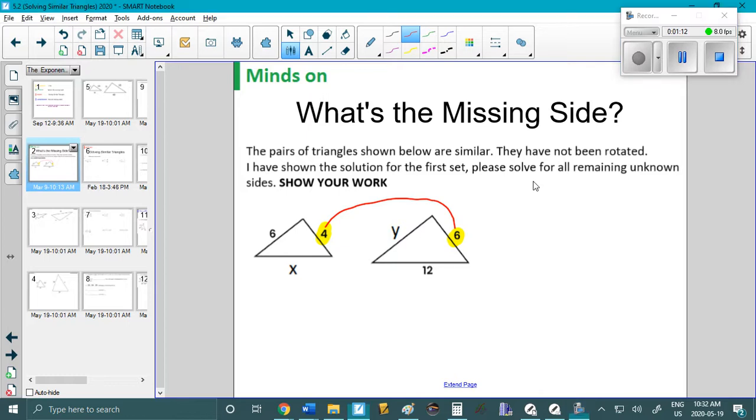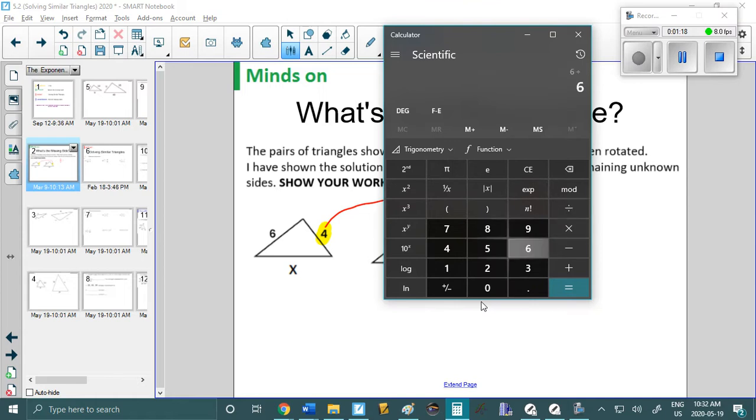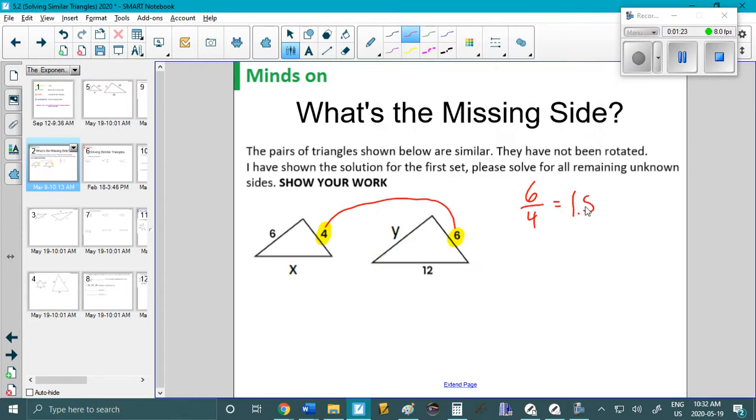So if we take 6 and we divide by 4, so 6 divided by 4, we get 1.5. So that means that the scale factor is 1.5. But what it really means is that to go from this triangle to this triangle, we multiply by 1.5. So 4 times 1.5 will give us 6.